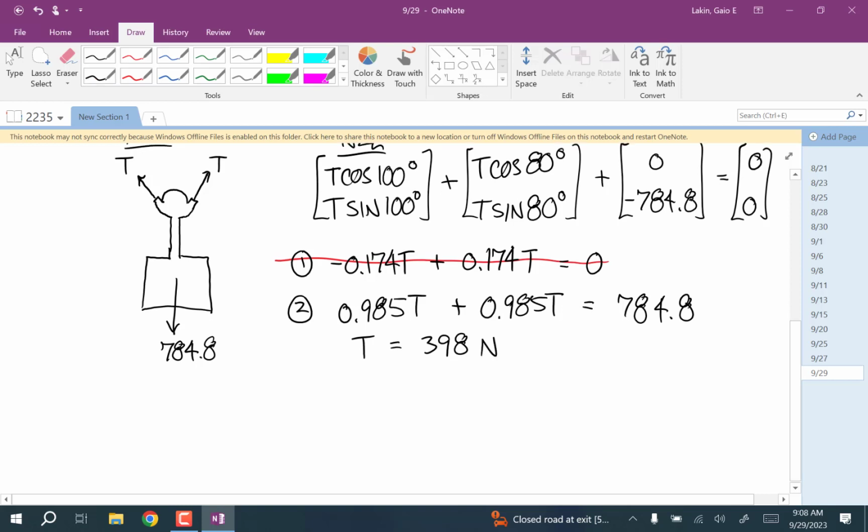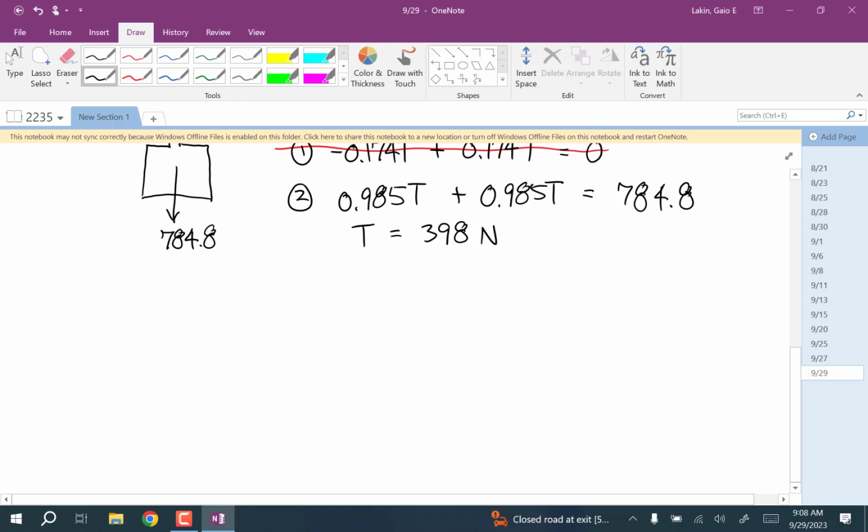And then from there, this is the answer to part A. For part B, you know that this angle is 80 degrees. Now you know that the magnitude of this force is 398. And so that's just figuring out vector components.